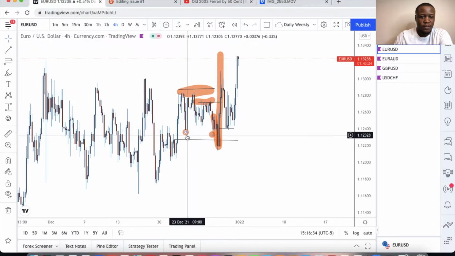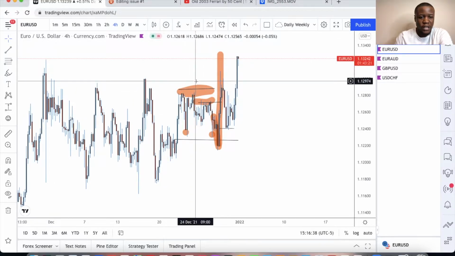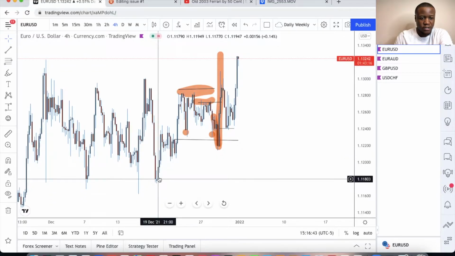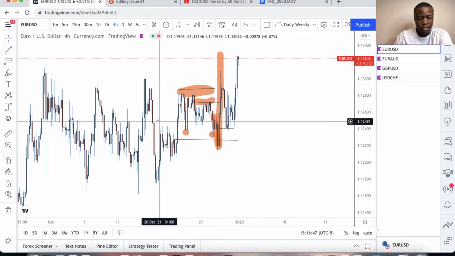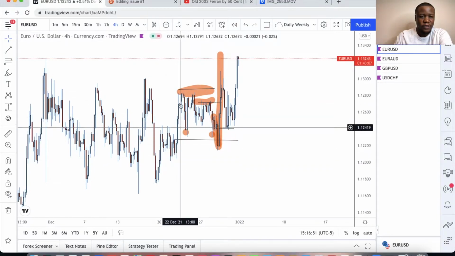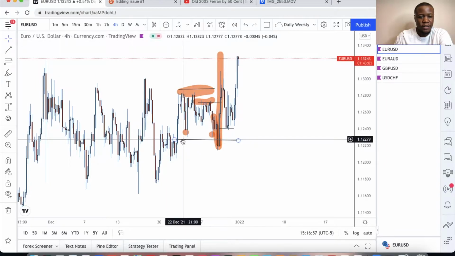And then it took off once again. And we had confluences, one being this one right here, because it took off right here and then it came back. It took out these highs. So that's confluence number 1. Confluence number 2, we got the return candle. Confluence number 3, we got the pullback, but it didn't hit the higher time frame level, the 4-hour level.